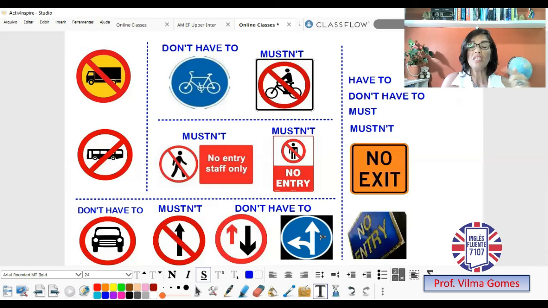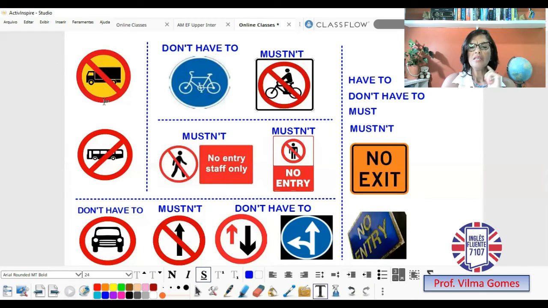It's up to the driver of the car, right? It's okay to go straight ahead, and it's okay to turn left. In the same way here, it's okay to drive, to travel in both ways. Why? Because here it's a two-way street, a two-way avenue, right?